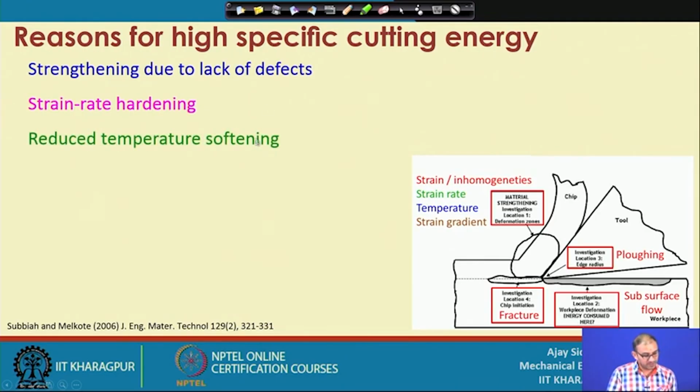Reduced temperature softening here, because if you consider macro scale machining, we know the temperature is very high in some cases where the depth of cut is very high and the RPM and feed rate are also very high. But in micro machining, we are cutting a very small amount of material. So, when you reduce the cutting edge, the material removed is small, the depth of cut is small, and because of that the temperature is also less.